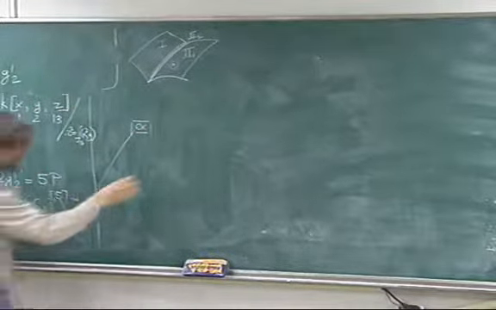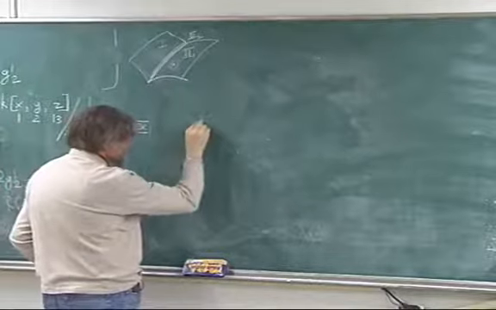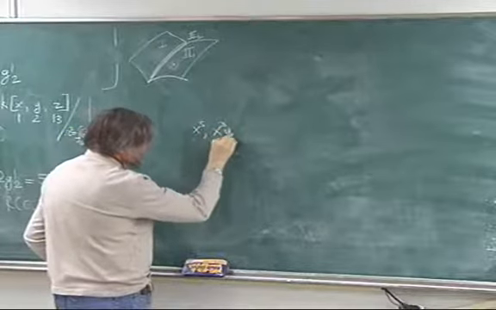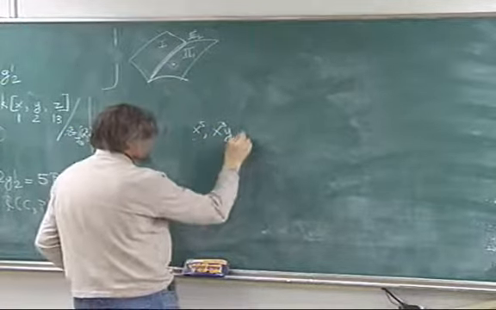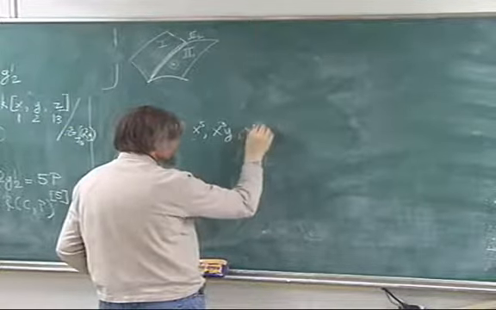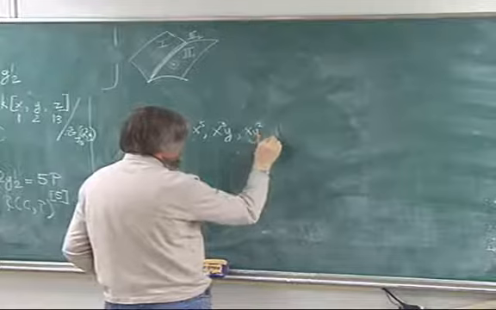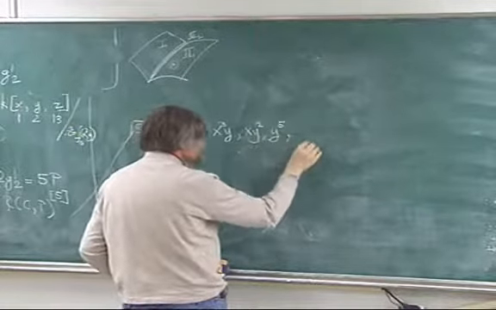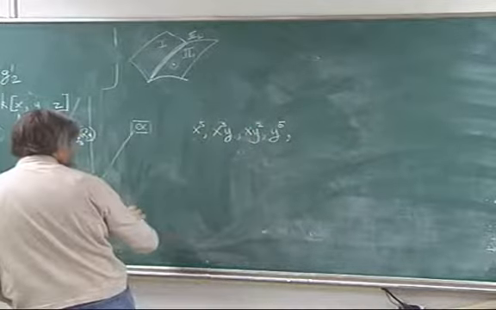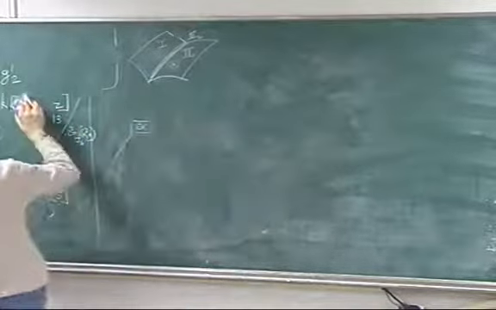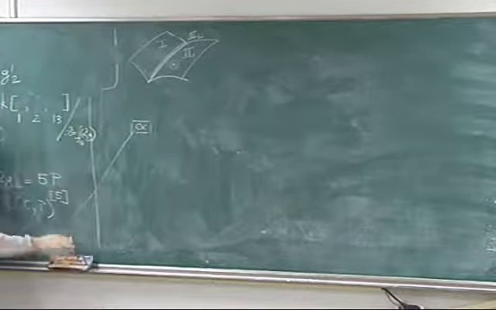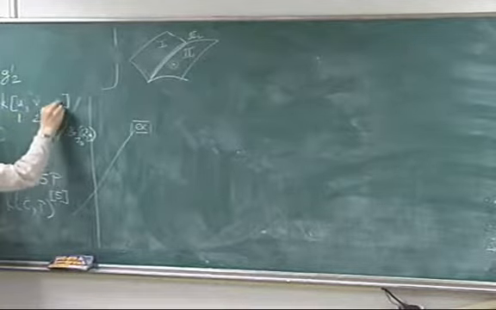If I'm just writing down monomials of degree divisible by 5, let me make the same change of coordinates I did before: u, v, and w.